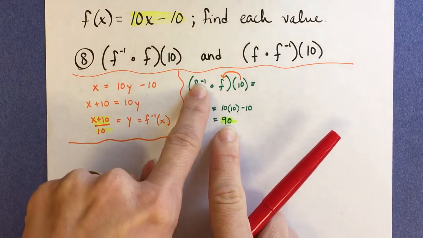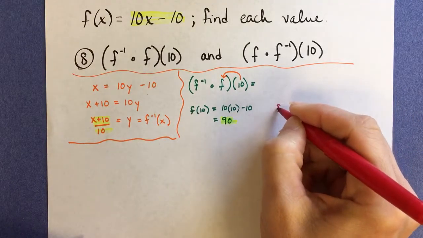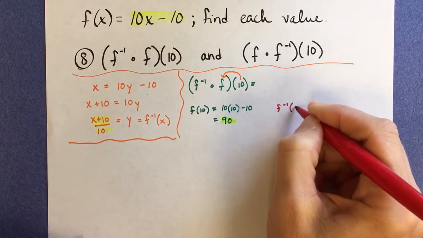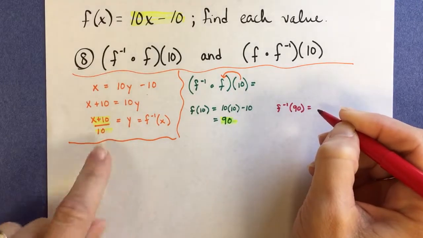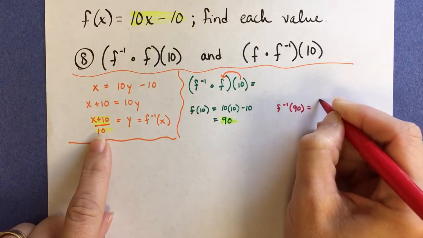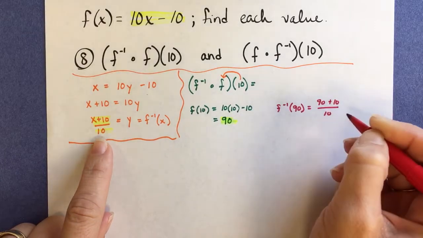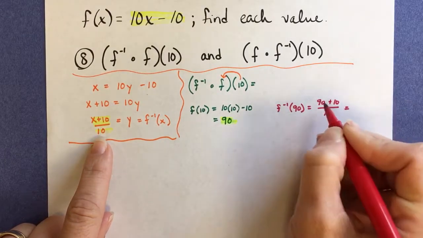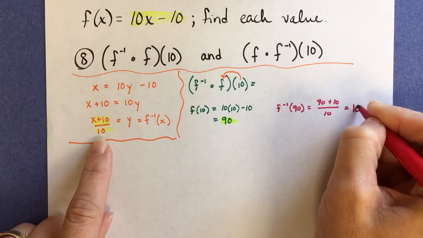So the 90 has to be plugged into the inverse. So now you're calculating f inverse of 90. So I have to substitute the 90 over here where I found my inverse. So I have 90 plus 10 divided by 10. Of course, that gives me 100, and 100 divided by 10 is 10.